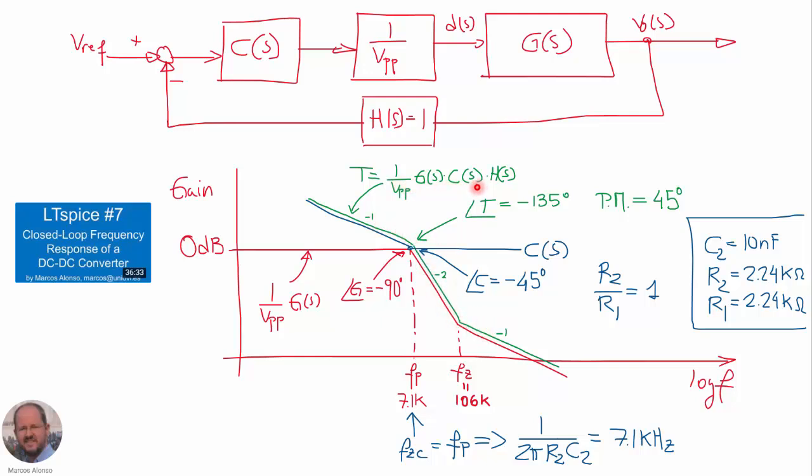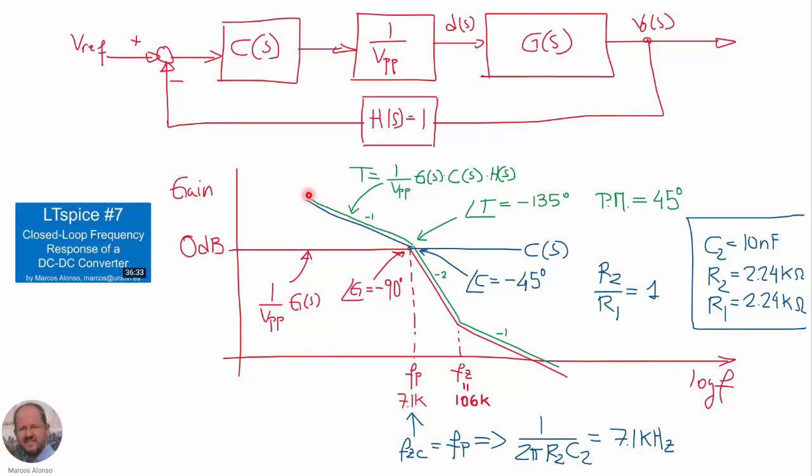So it is the product of all the blocks that we have in the loop. And therefore, what we get is that the loop gain crosses 0 dBs at this same frequency, the frequency of the poles that we have in the buck converter, which is around 7 kHz.